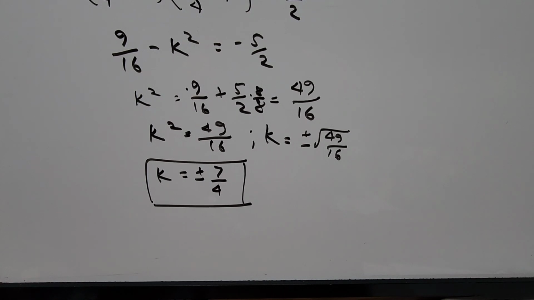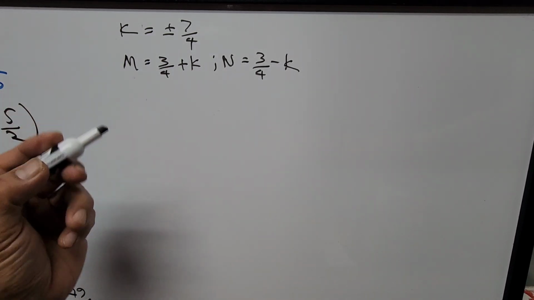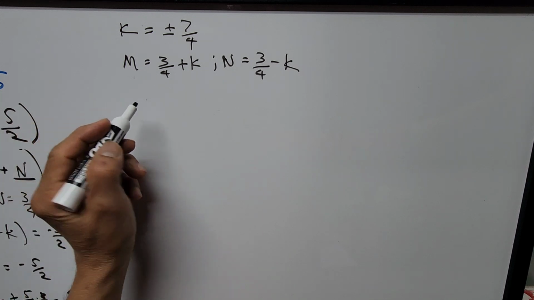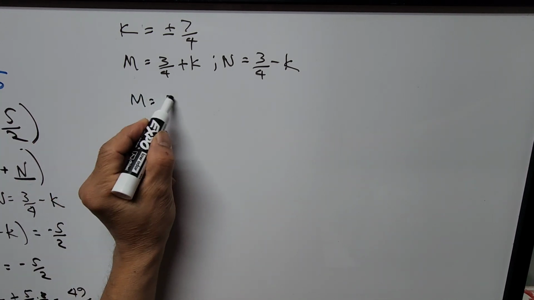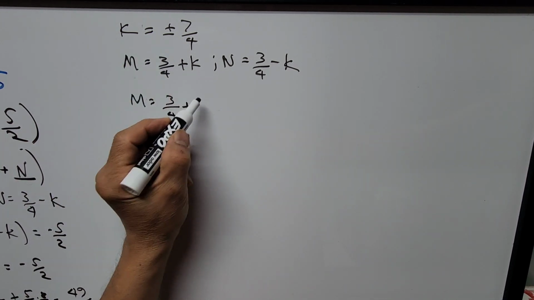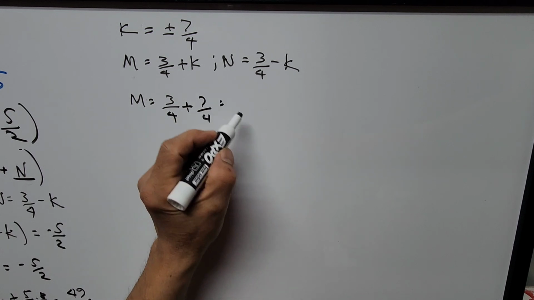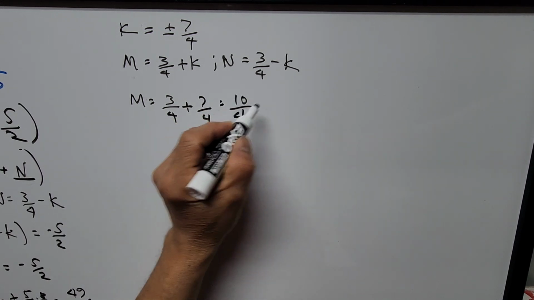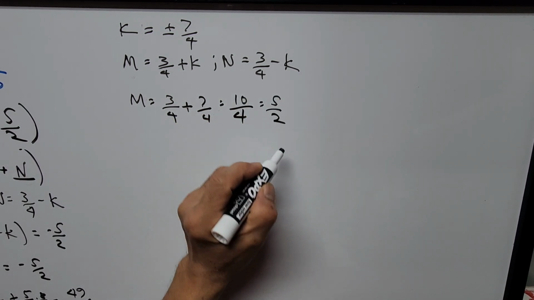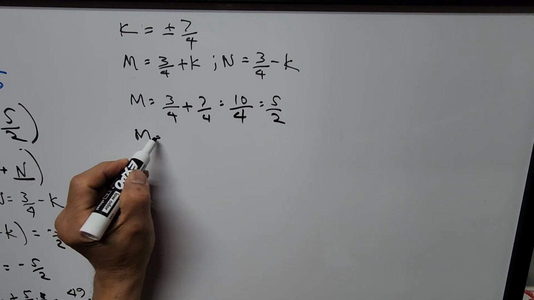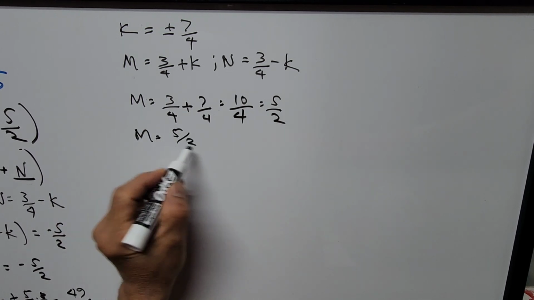Now we can find the values of m and n, the factors, right? We put the value of k into our values of m and n. So m is equal to 3/4 plus 7/4, which is 10 over 4 or 5 halves. That's the value of m, 5 halves.